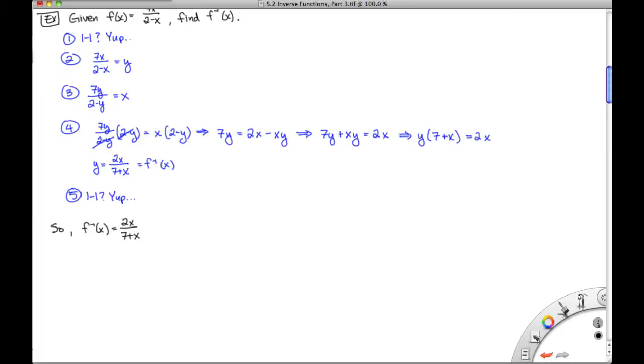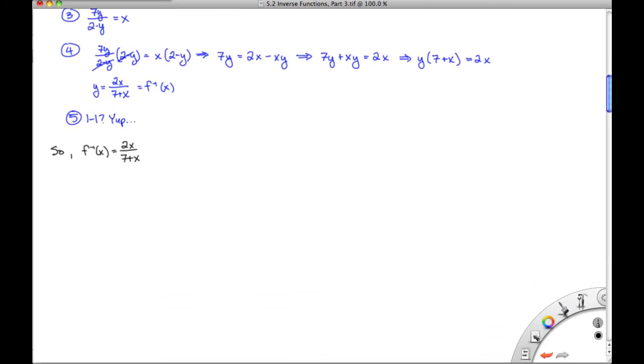So we're going to start keeping tabs on a couple of new things. What we're going to notice is that f and f inverse are symmetric across the line y equals x.